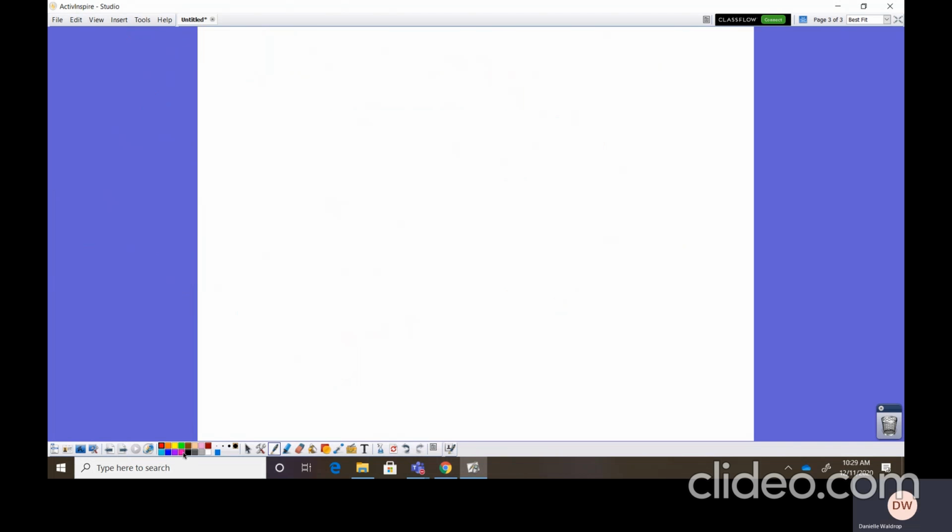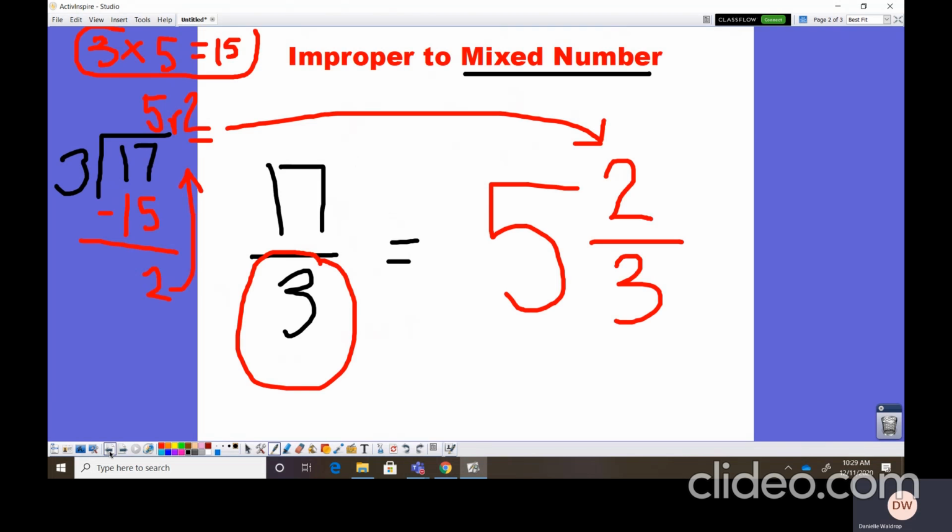Let's practice another one. Now, when I did this one, the other way I could have said, you could do it in your head. If you can do it in your head without showing the long division, then by all means do it.